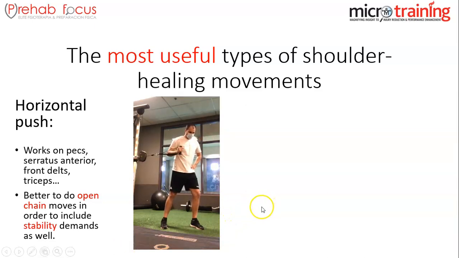It's a very important basic exercise to strengthen front shoulder structures and the shoulder in general. I mean, during this exercise we also strengthen rotator cuff muscles, we have stability demands, etc.